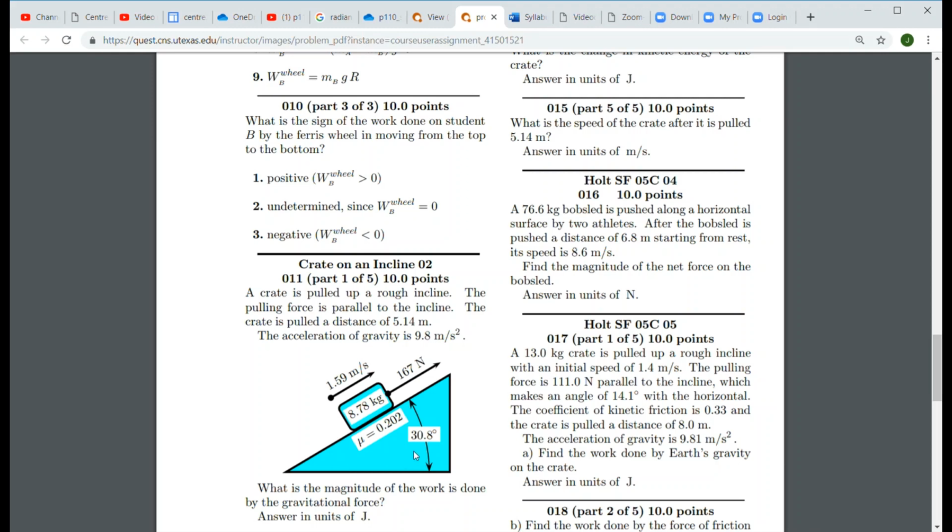I have to add all 3 of those works together, 1 positive and 2 negatives, and set that number equal to 1/2 m v final squared minus 1/2 m v initial squared.